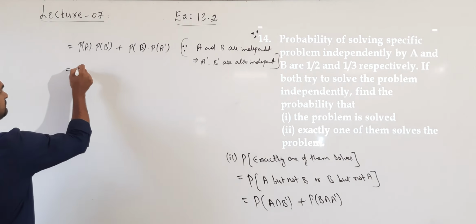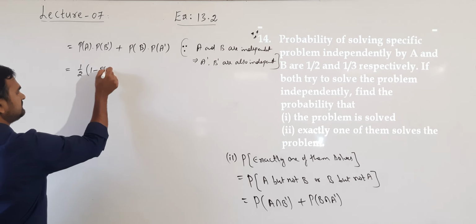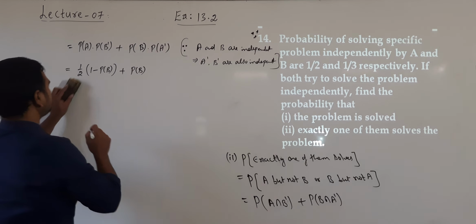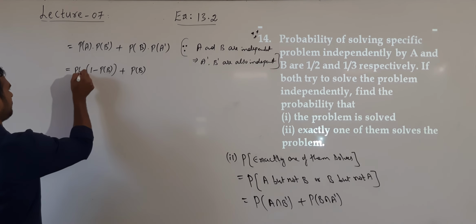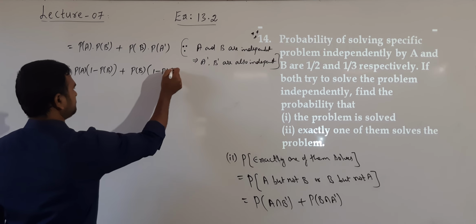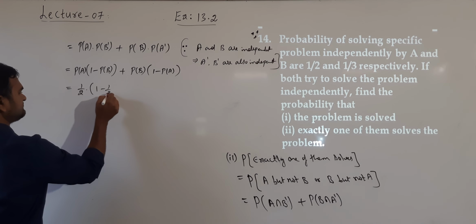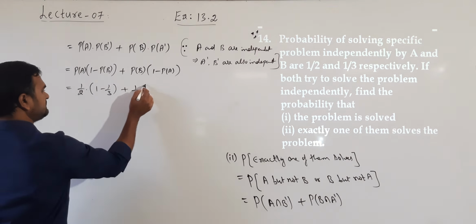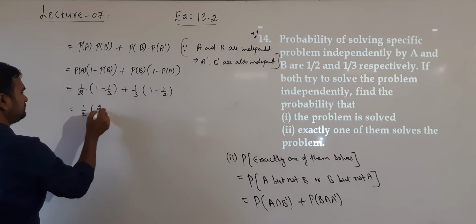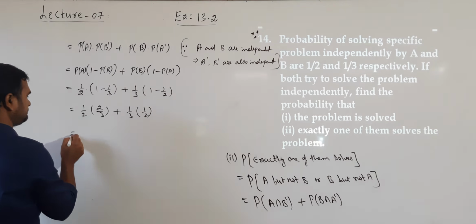P of A is 1 by 2. P of B dash I can write as 1 minus P of B, and P of A dash is 1 minus P of A. Let us substitute the values: 1 by 2 into 1 minus 1 by 3, plus 1 by 3 into 1 minus 1 by 2. So 1 by 2 into 2 by 3, plus 1 by 3 into 1 by 2.